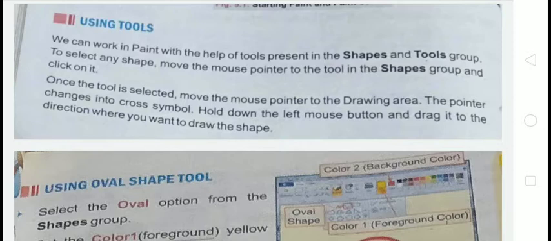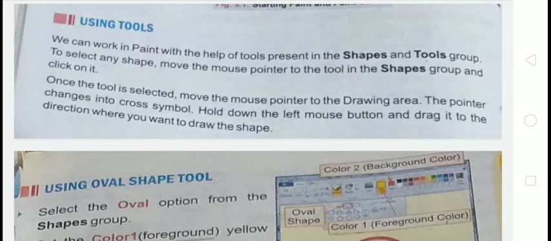To select any shape, move the mouse pointer to the tool in the shapes group and click on it. Go to the shapes group and select any shape and move the mouse pointer to the tool and then click on it.